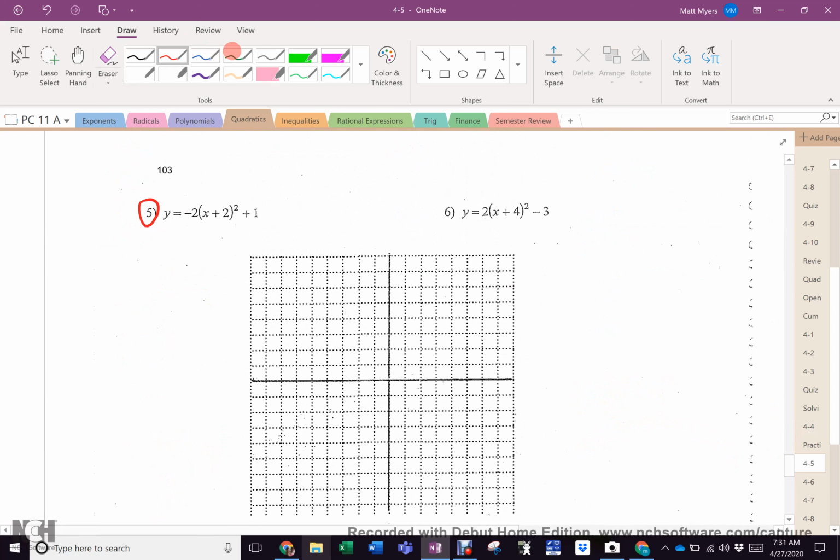So I'm just going to graph these ones, less talk. Vertex -2, 1. X equals -2, y has to be less than or equal to 1.